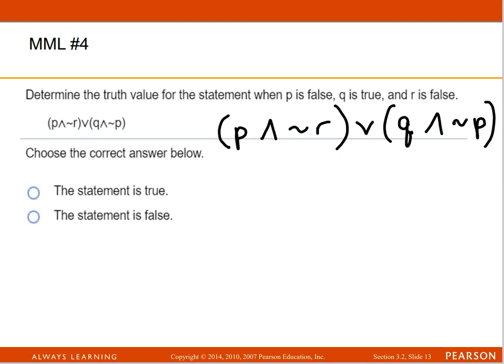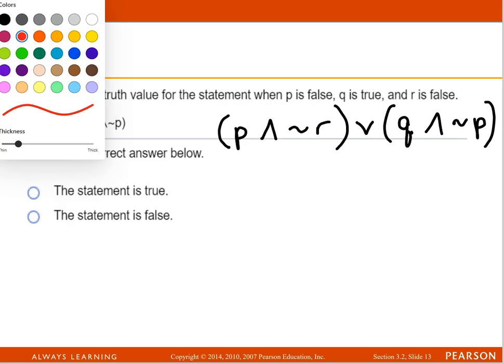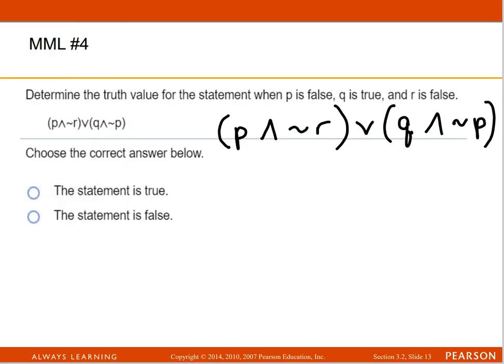All right, number 4, I just went ahead and copied it on here. Determine the truth value for the statement when P is false. Now, there's actually 2 P's in this, so I need to put a false here and a false there.